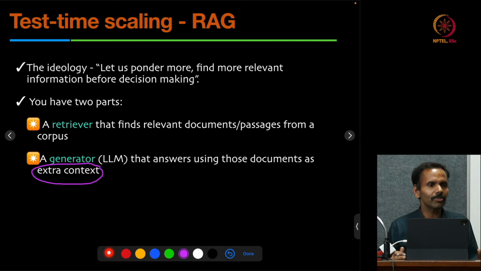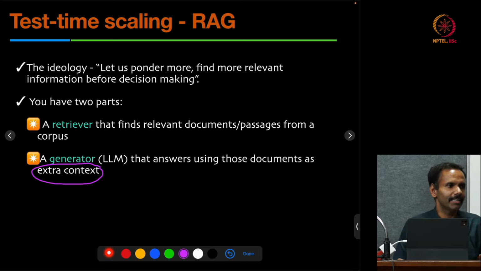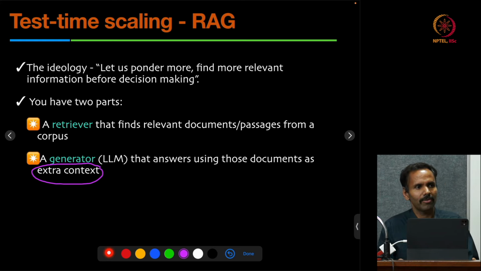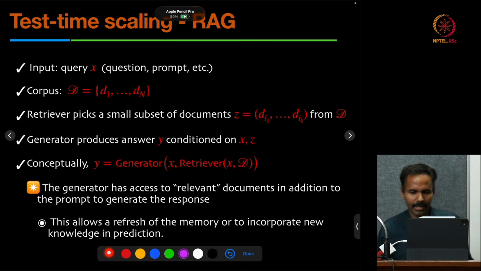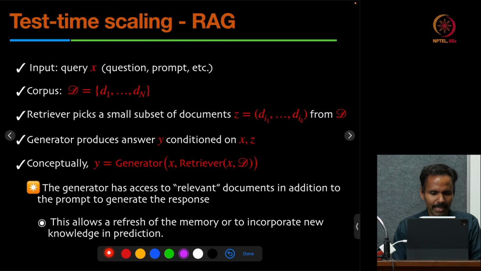So here also we are adding extra context, but in a slightly different way. It is not just by the model's inherent ability, but by a separate agent or model that allows you to find relevant pieces of information. So let us make this formal. I'll also give an example in the rest of the slide.